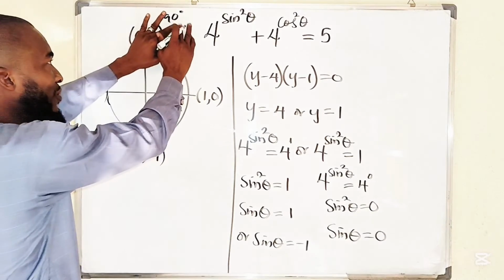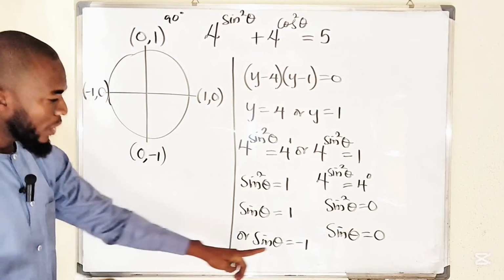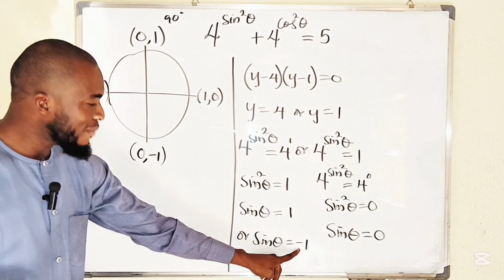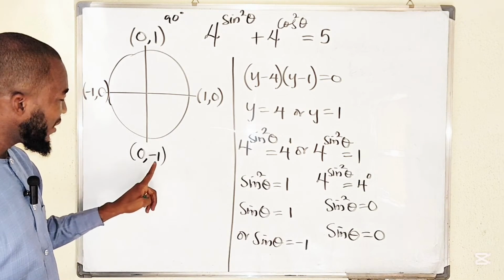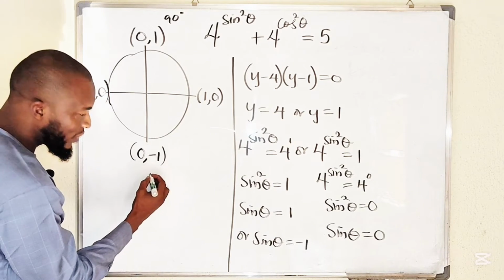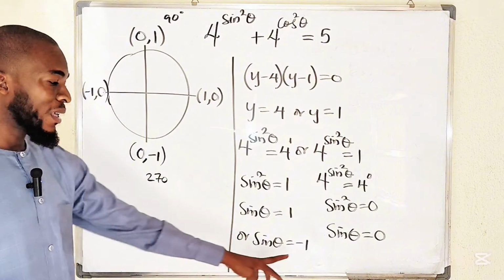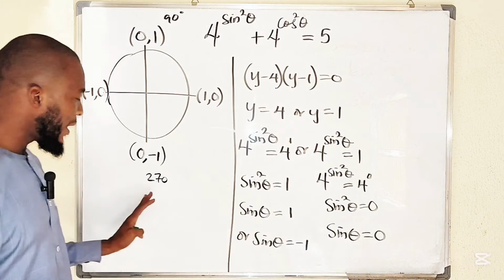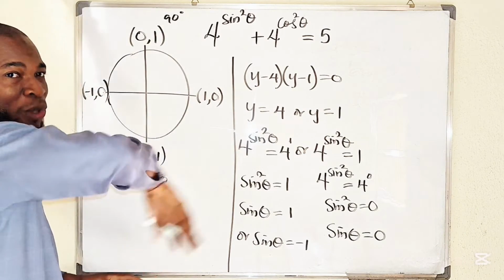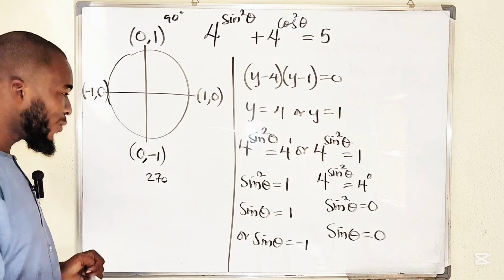But for now, just leave it as 90. What about this one? Where do we have -1? We have -1 at this point, which is at 270. So sine of 270 is -1. And if you keep on going round, you're going to get other coterminal angles.